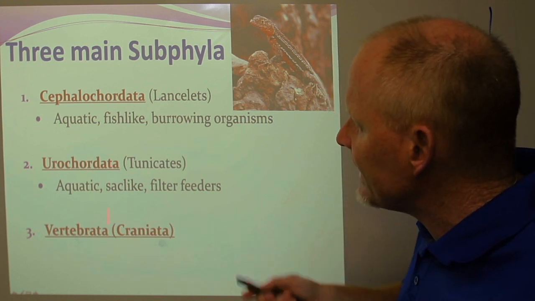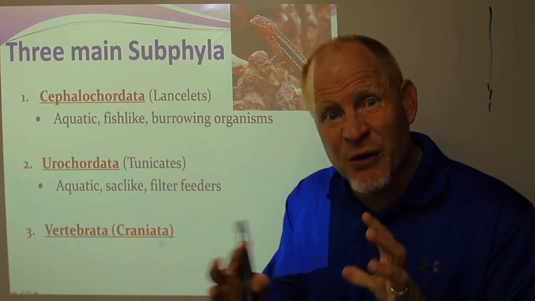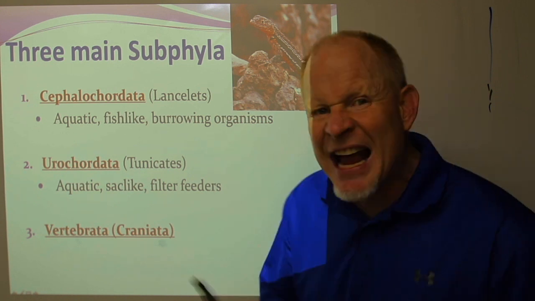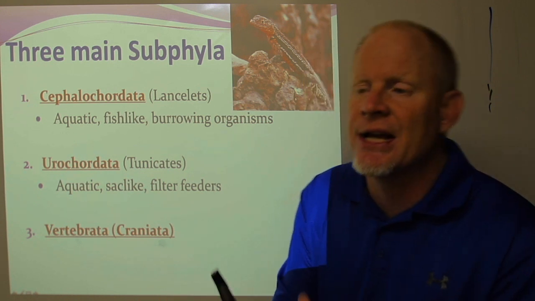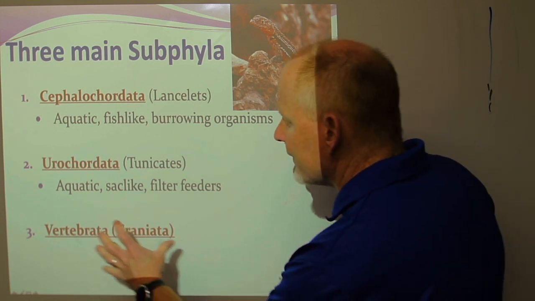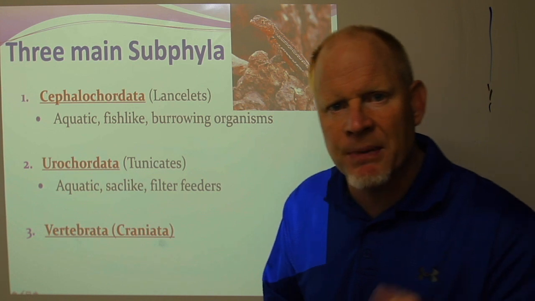But these are the 3 major groups that molecular data really support very well as far as phylogenetics go. If you are a taxonomist and like to use taxonomy, which I do a lot, I like to think of this 3rd group as craniata, and I'll explain why in a minute.